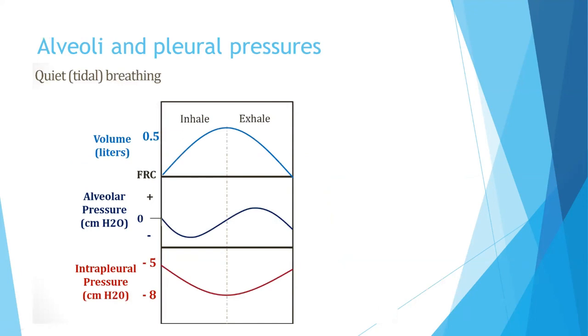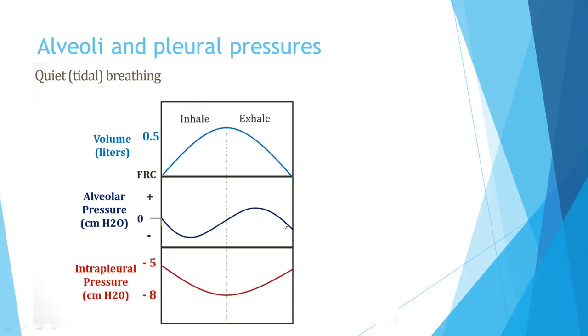Talking about the alveolar and pleural pressures in different inhalation and exhalation stages, you can see the functional residual capacity increases in the inhalation. Again, in inhalation, the alveolar pressure becomes more negative. That's how there is inward sucking of the air, and in exhalation it becomes positive.